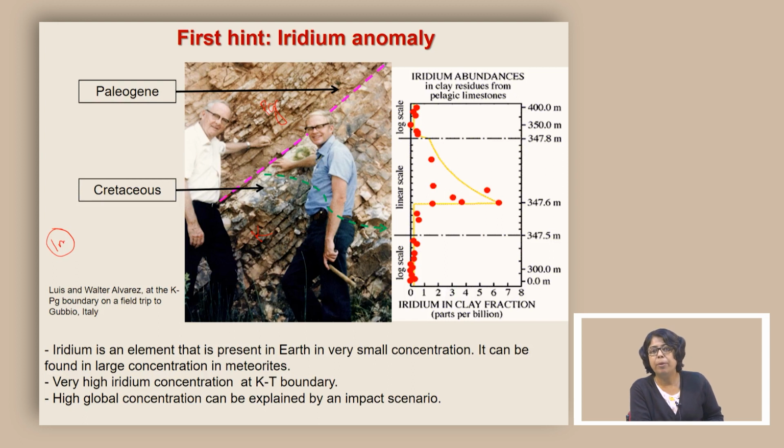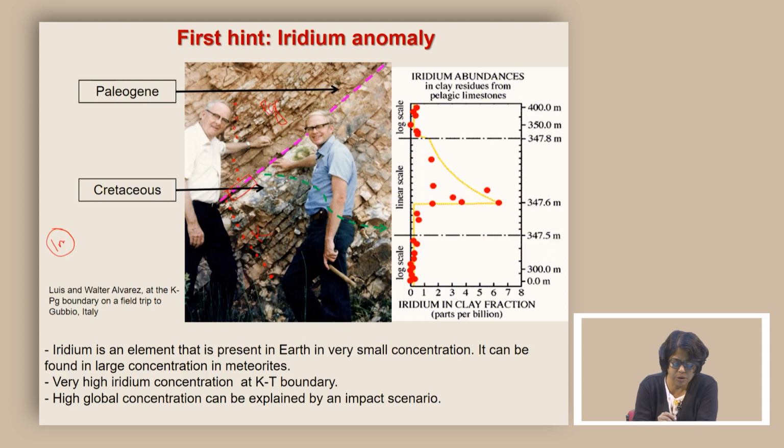Now, when they were measuring iridium across this boundary, they found an interesting pattern. They were collecting rock material from all of these points and analyzing their iridium concentration, and they found that as long as they are not looking at this particular point, the iridium concentration is fairly low.